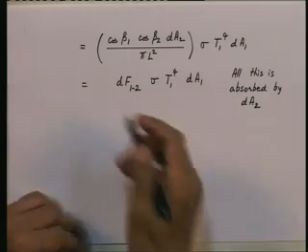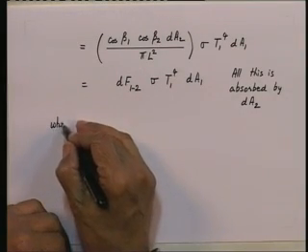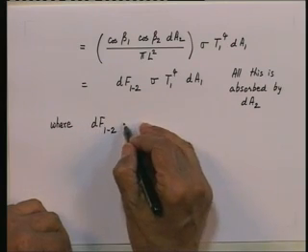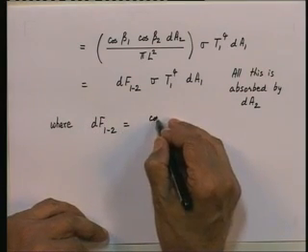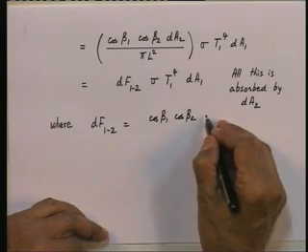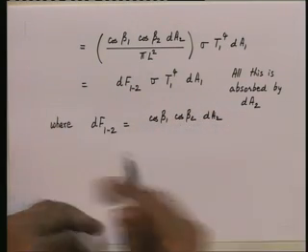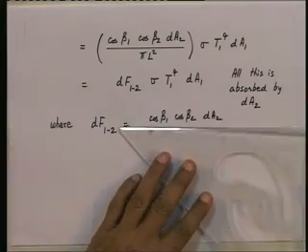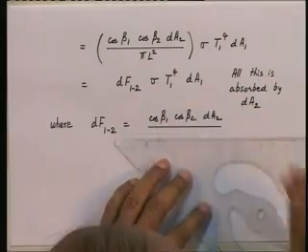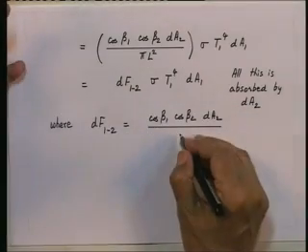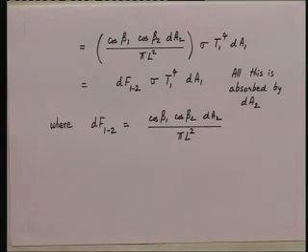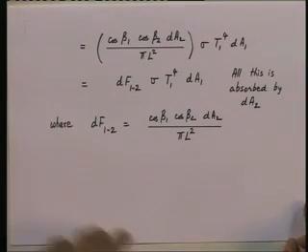So, this is the expression where the symbol dF 1 to 2 is equal to cosine beta 1 cosine beta 2 dA2, all right, divided by pi L squared. That is the quantity dF which we have defined as dF 1 to 2.